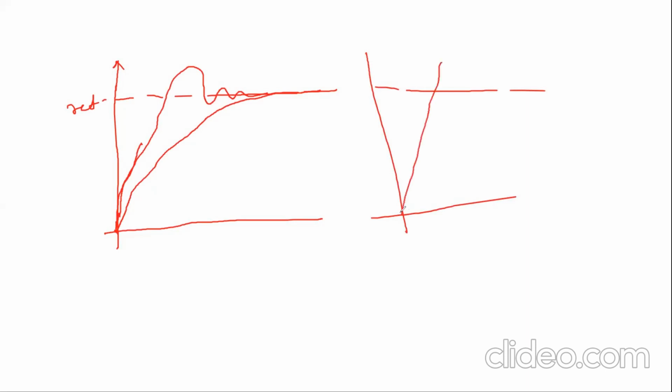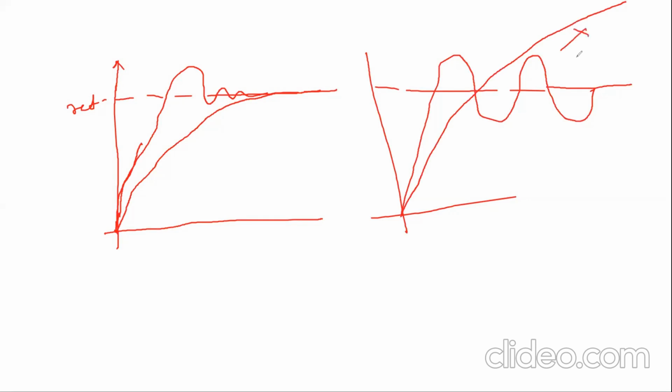Suppose there is a sustained oscillation, it never settles, then it is undamped, or it may be unstable, it will go on increasing. This is not required, not feasible, we don't require such a response. These two responses are okay, this is overdamped, this is underdamped.